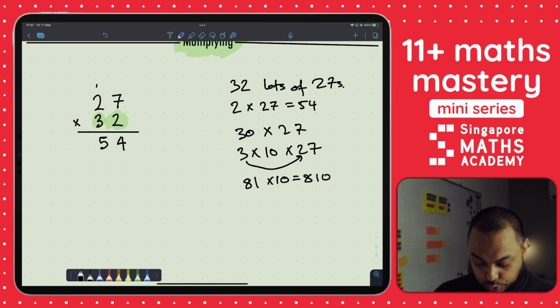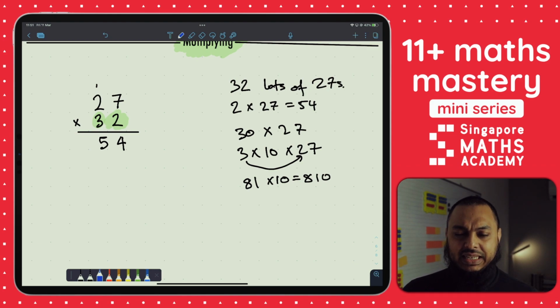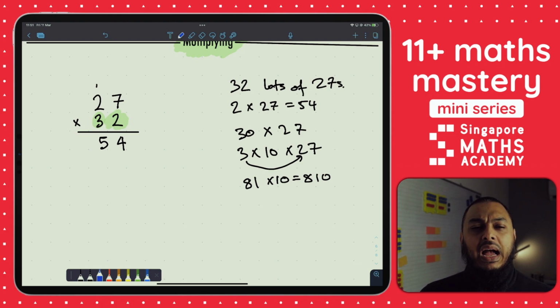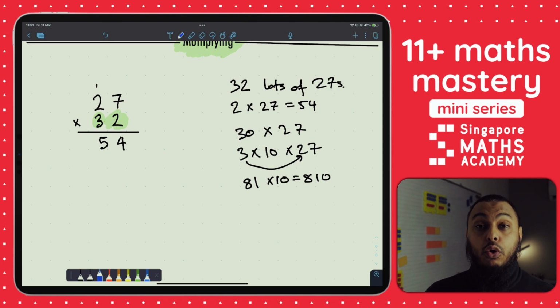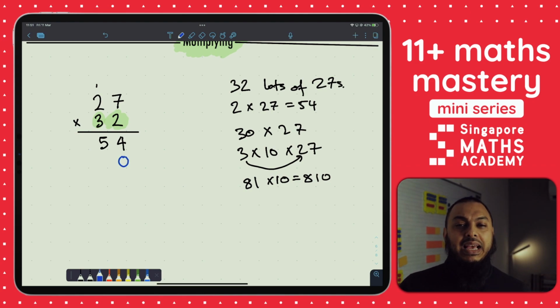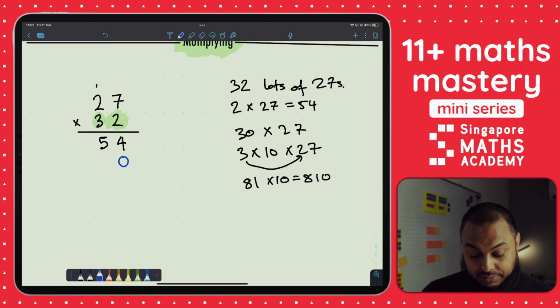I'm going to use blue just so that it's a different row. Now 30 times 7, I know first of all, if I'm multiplying by 10, then I'm going to have 0 ones. So I'm going to write 0 for the ones column because I know that multiplying by 10s, if you think about it, 10, 20, 30, 40, 50, you can have 0 ones. So 3 times 7 is 21.